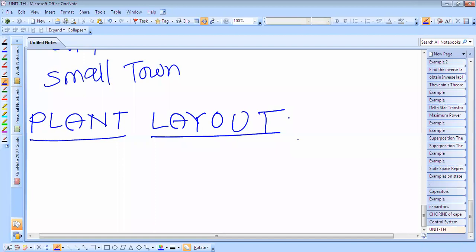And once you have decided the location, your next step is the plant layout. The plant layout means the disposition of the various facilities, for example, equipment, materials, manpower, etc., and services of the plants within the area of the site selected previously.